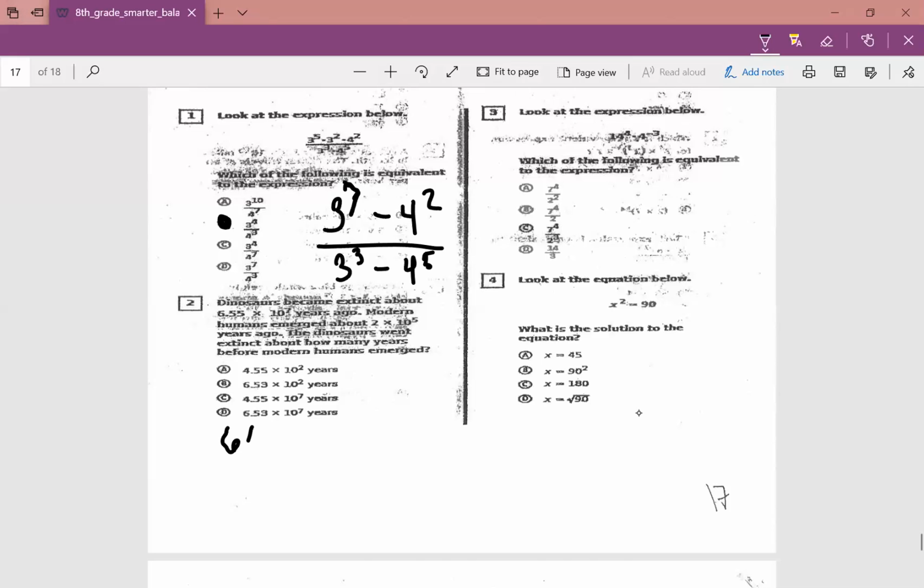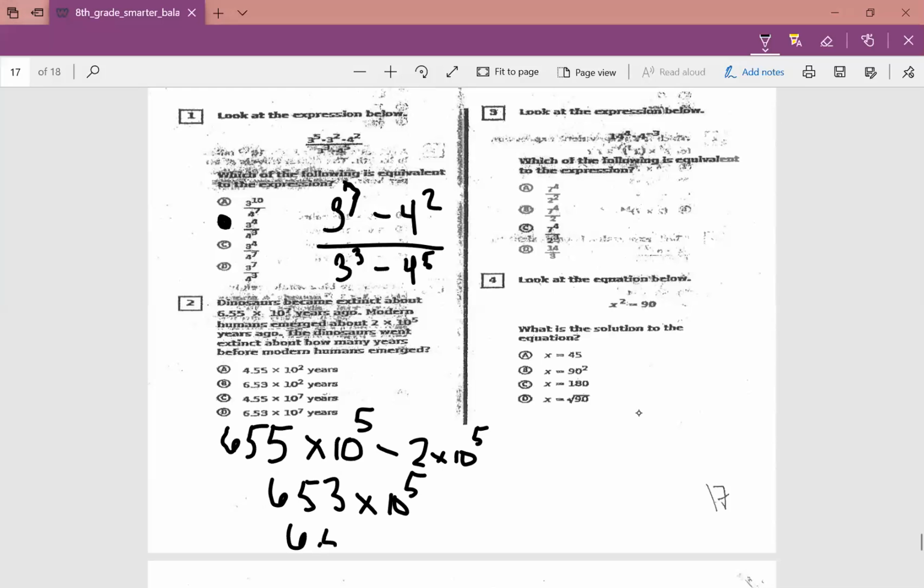So I'm going to change the first one to 655 times 10 to the 5th minus 2 times 10 to the 5th. Now that is doable. 653 times 10 to the 5th. And then this needs to be between 1 and 10, so I go like that, and the correct answer is D.